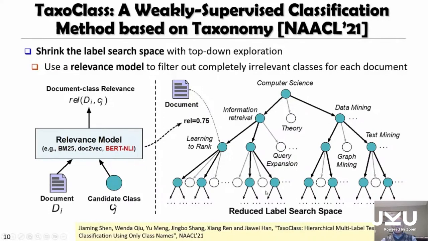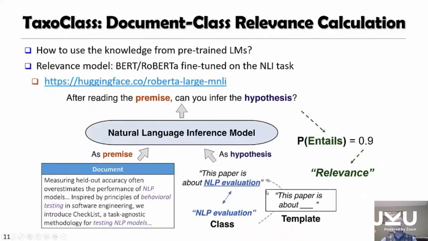Then we can finally find the core classes. Okay. So how do we find the core classes? If we go step by step from the top down, we can use a pre-trained language model like BERT or RoBERTa, fine-tuned on the natural language inference task.